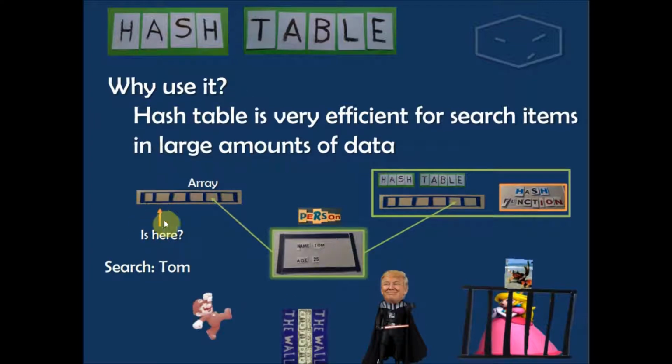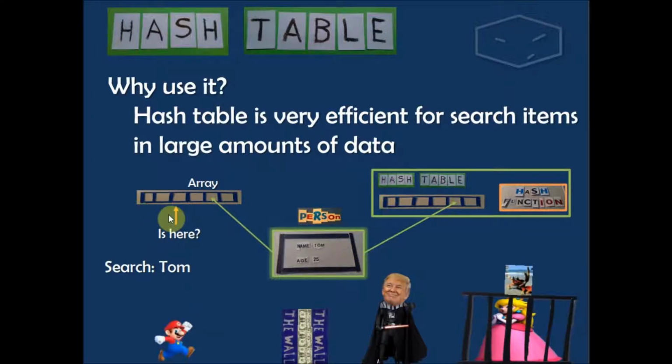No. So we go to the next position, is Tom here? No. So we go to the next, and the next, and finally we find the person. On the other hand, in the hash table we give the name Tom to the hash function, and the hash function generates the number 4, the index in the internal array of the hash table.